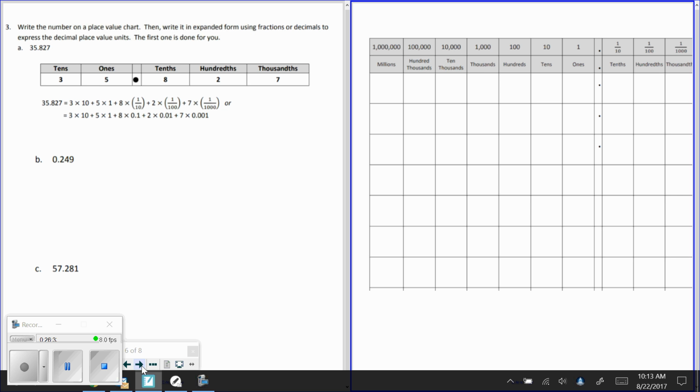Okay. So, I've also touched on this with the expanded form, where you're kind of going, what? Calm yourself. It looks hard, but if you use the place value charts, it's easier than it was when you were in second, third, fourth grade.